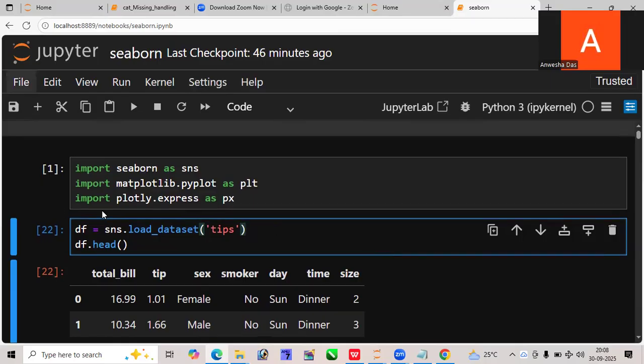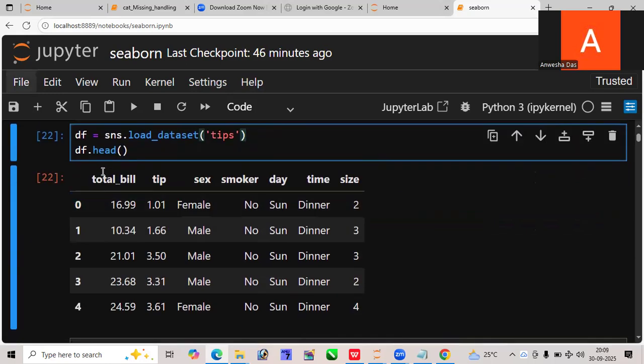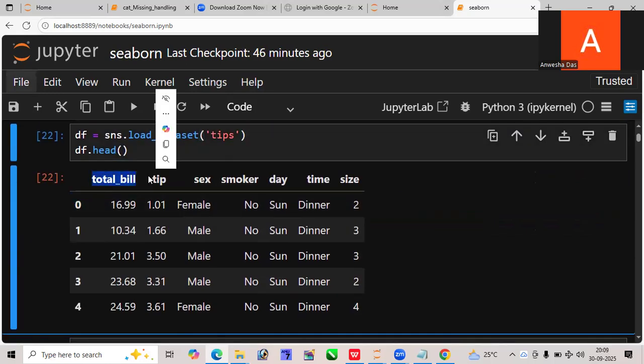In that tips data, it is a restaurant dataset. Here the total bill is there. The tip is there. The sex column means female and male, and smoker means who are the smokers and who are the non-smokers, that data is also there.